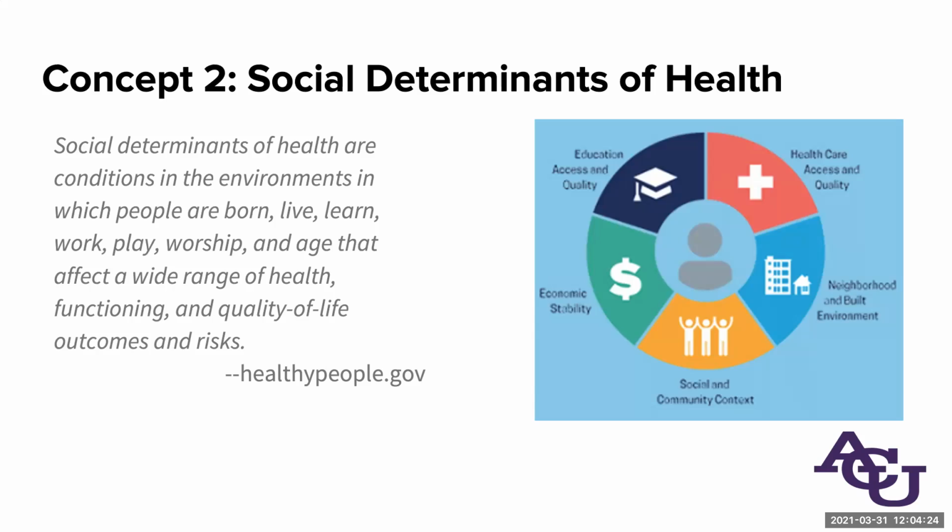The Healthy People website, which was originally designed to conclude 2020, so some of that stuff is no longer online, the Healthy People 2020 website described it as this: social determinants of health are the conditions and the environments in which people are born, live, learn, work, play, worship, and age, that affect a wide range of health, functioning, and quality of life outcomes and risks.